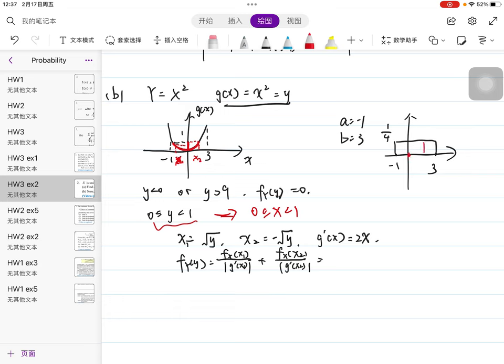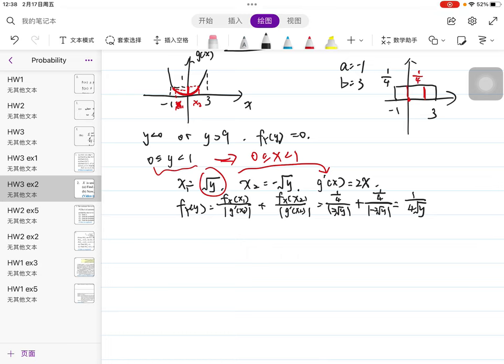So x is between here, and they are all 1 over 4. The first root is this. So we take it to here, this plus the negative root, and it equals this.